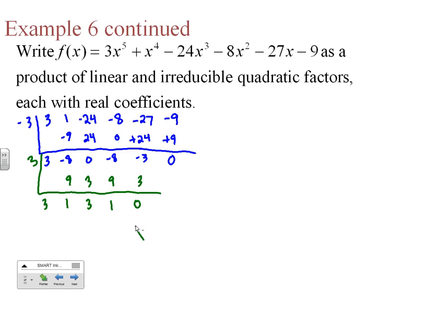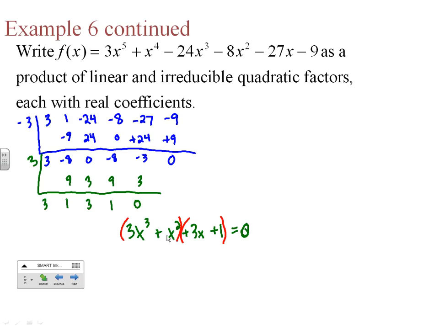So let's write this out. I have 3x cubed plus x squared plus 3x plus 1. If I want to set that equal to 0, I can factor this by grouping, which I don't know if that's really come up much so far this year. I group this into two groups and factor out what they have in common.